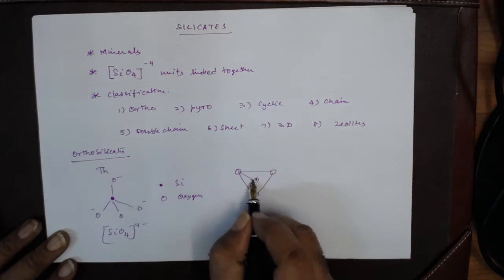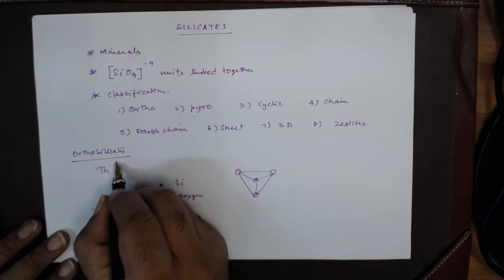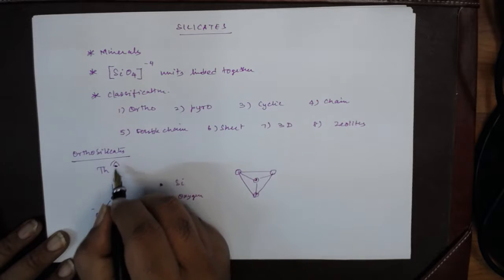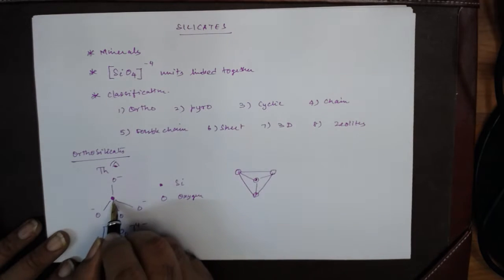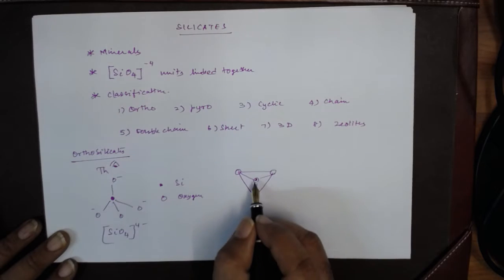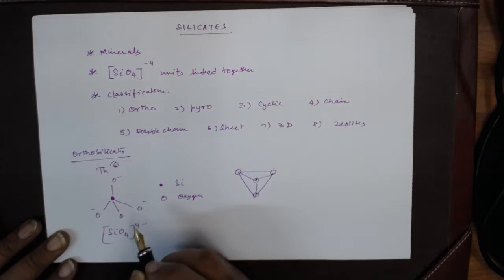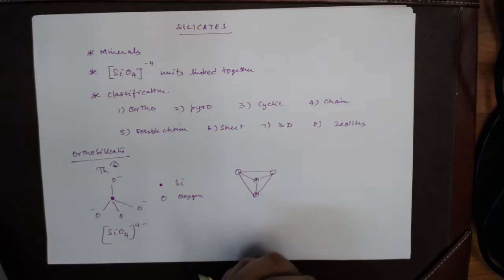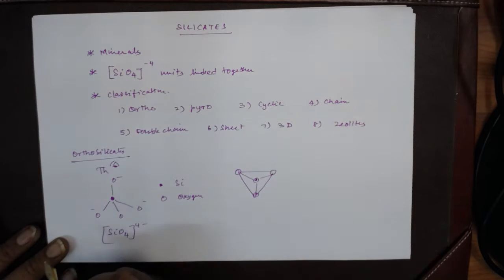So you can link like this, as though you are looking from here. When you look from top, you will have the silicon at the center, O enveloping, and at the triangular positions you can find oxygen like this. So this is a simple way of representing orthosilicate.